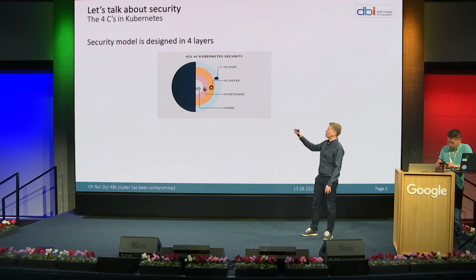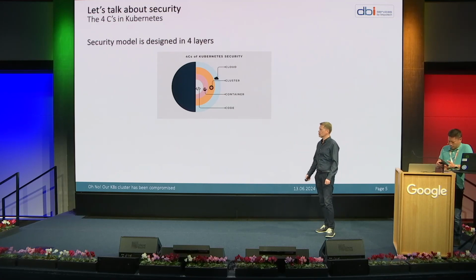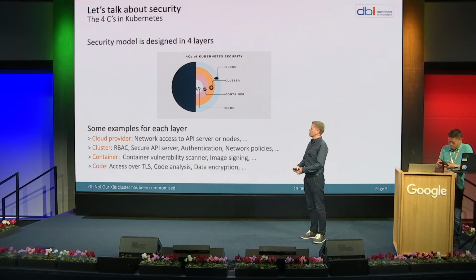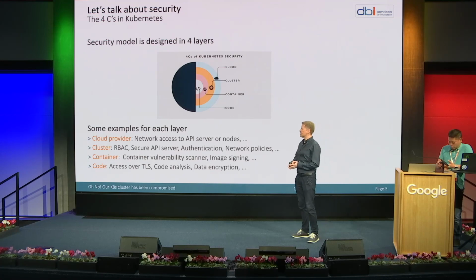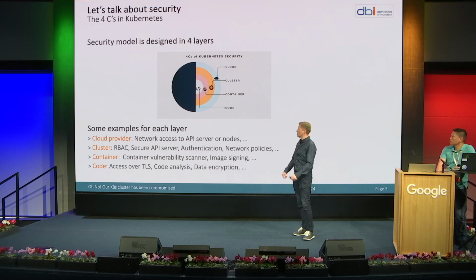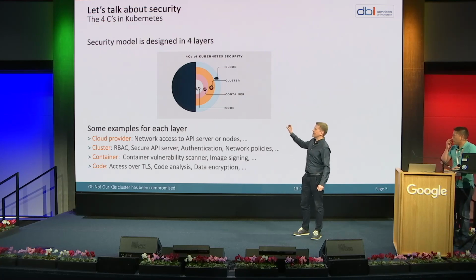There are 4 layers you want to use, from the external to the internal, to make it difficult for the bad guy to reach your cluster. The first layer is the cloud provider. That's everything about the network access to the API server. You try to avoid any unauthorized access to the API server or to the nodes. That's the first external layer.